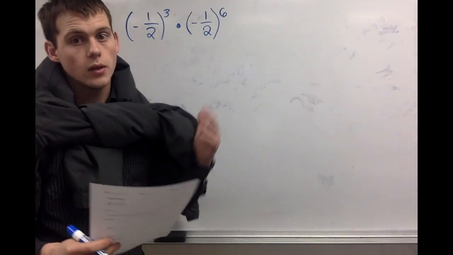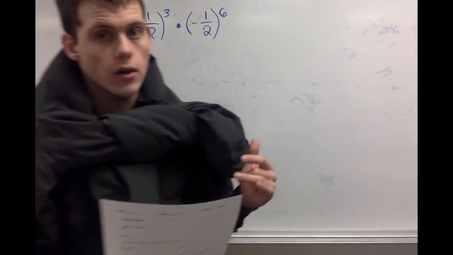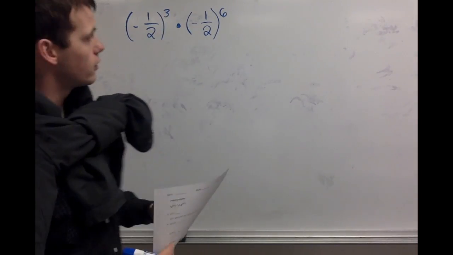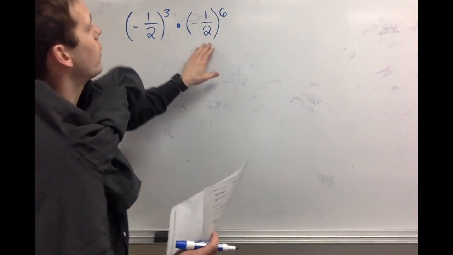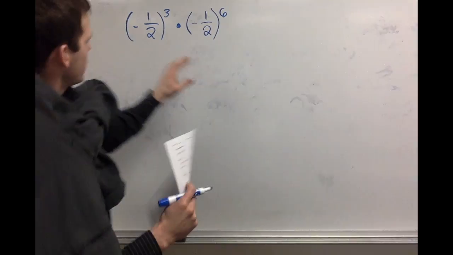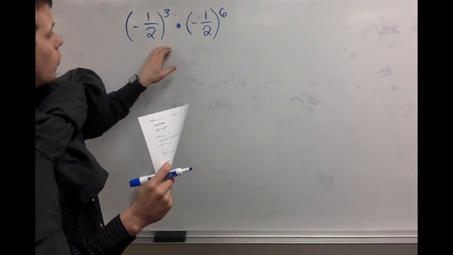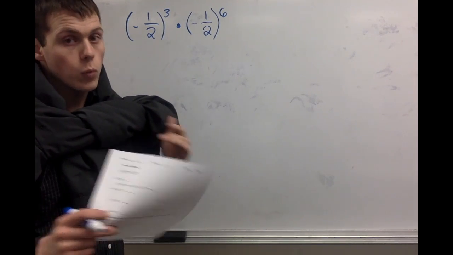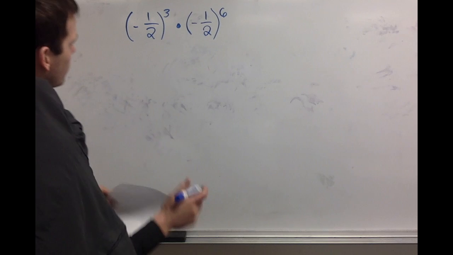The next problem involves fractions, but don't let that scare you. We simply have a negative 1/2 to the third times a negative 1/2 to the 6th. Notice they're both negative 1/2. It's important that they're both negative, or they wouldn't be the same number.